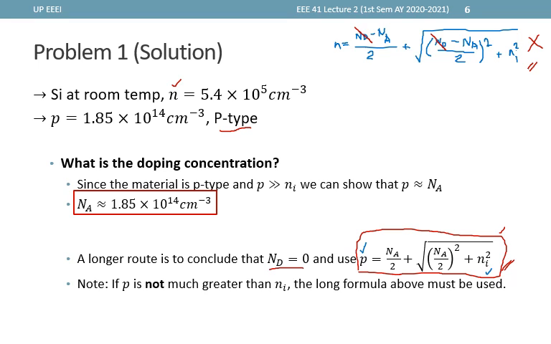On the other hand, if you have an n-type semiconductor, then use the formula for n first. The version for the minority carrier concentration must be the last resort in terms of computation.